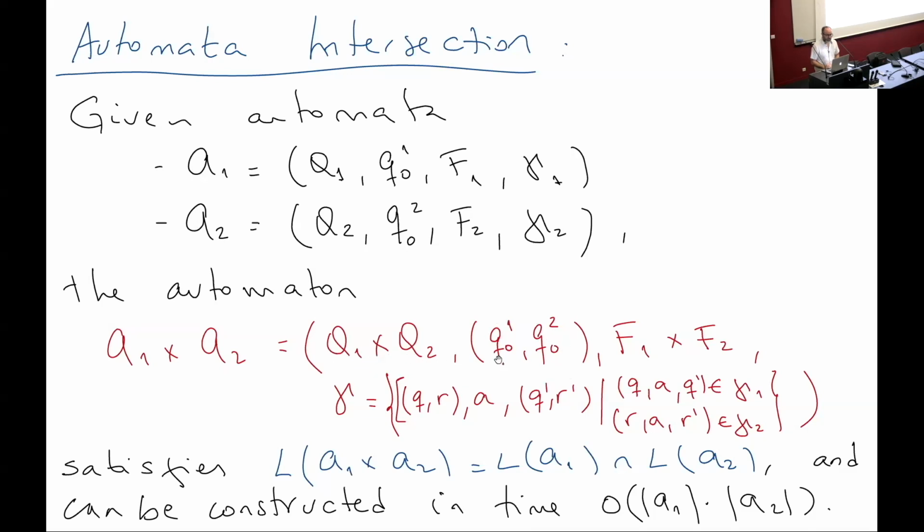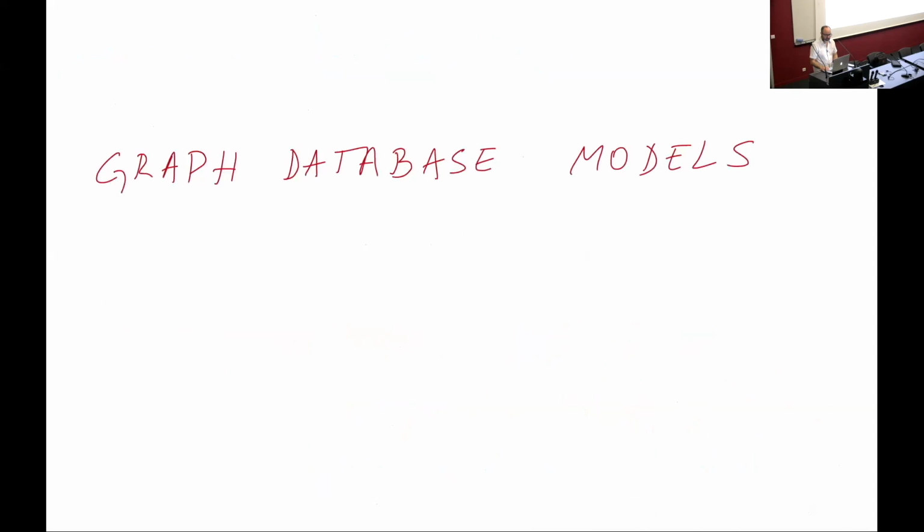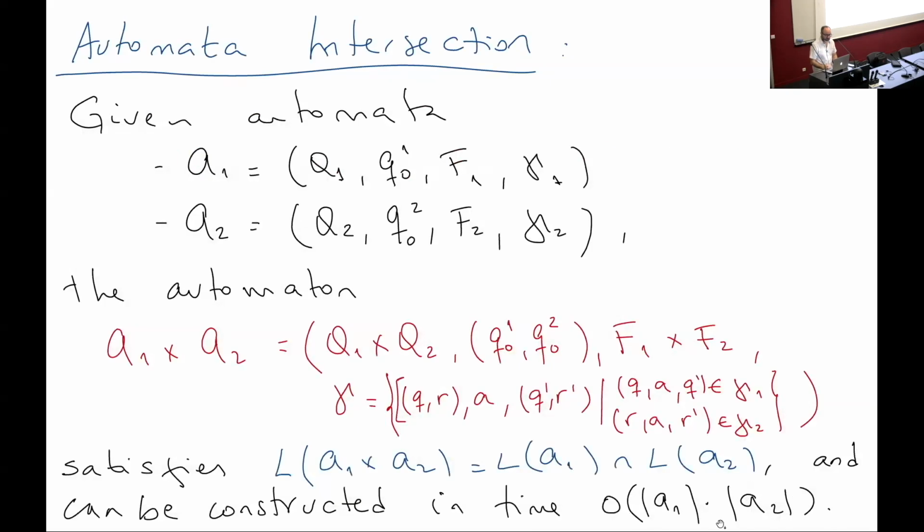The initial state will be the ordered pair formed by both initial states, and then the transition relation is just the synchronization of both transition relations. This automaton can be constructed in linear time, meaning the product of the sizes of these two automata. That we will also be using throughout the lecture.